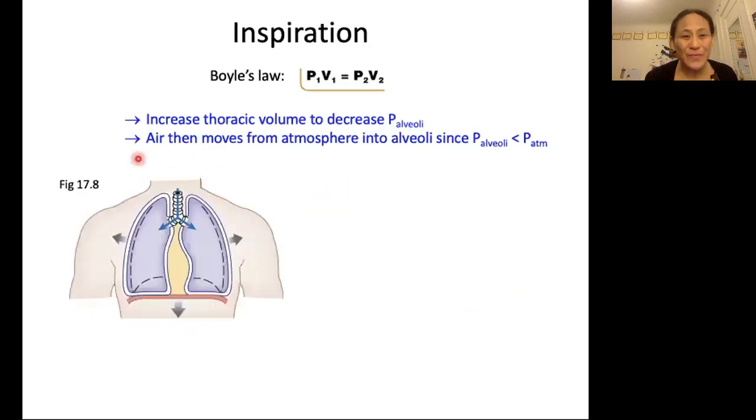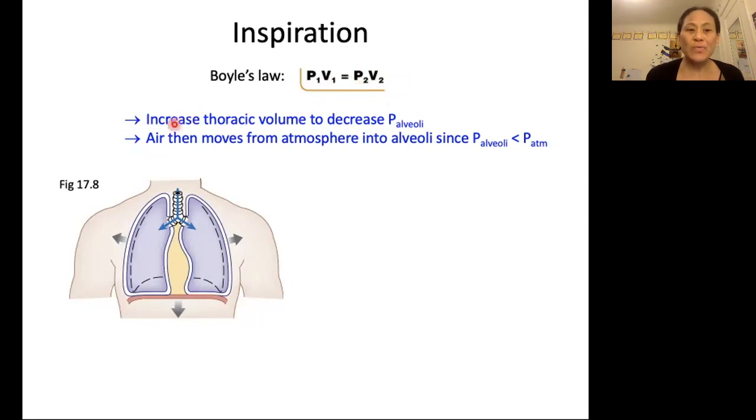Okay, so hopefully you figured out that in order for P2 to go down, in order for our new pressure to be lower than our starting pressure in our lungs, we are going to need to increase the volume of our thoracic cavity.